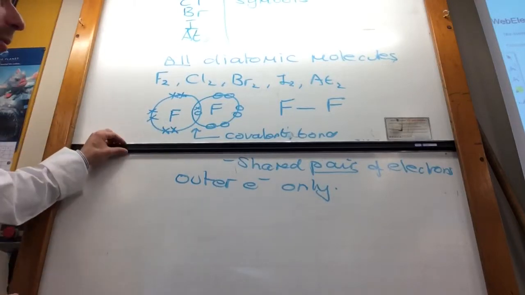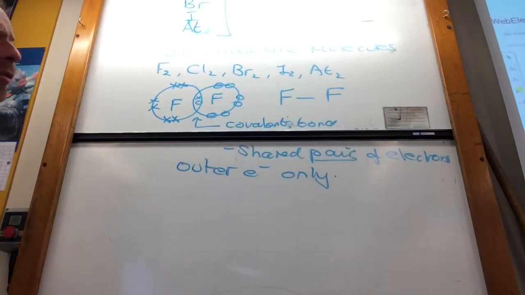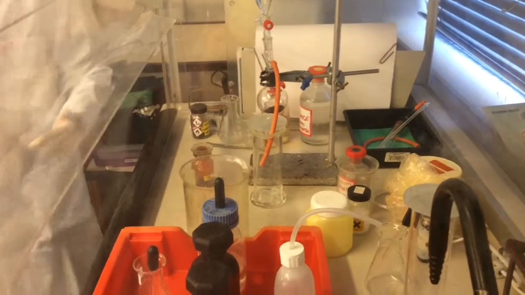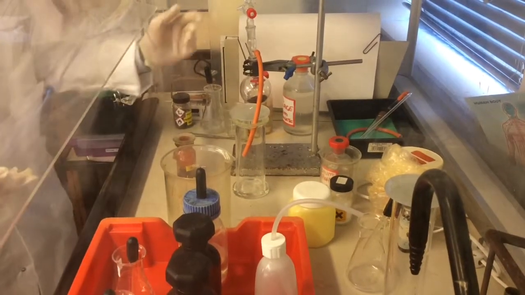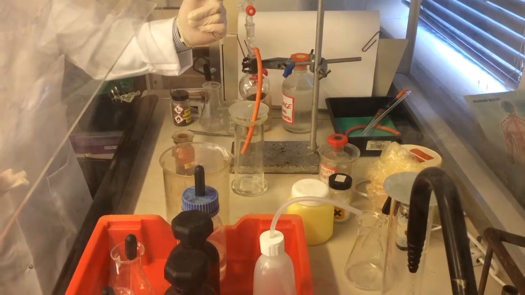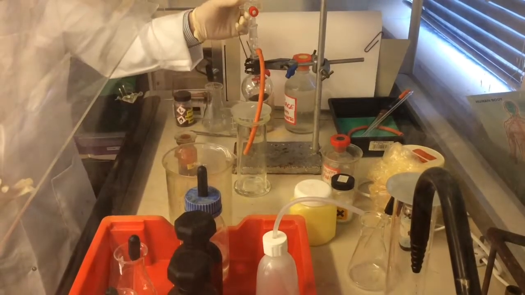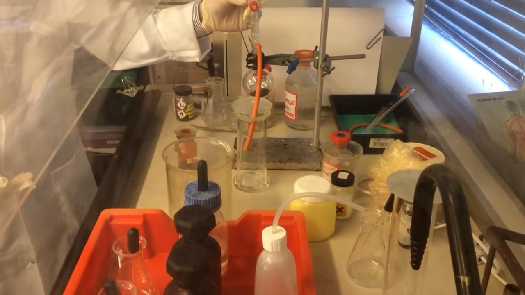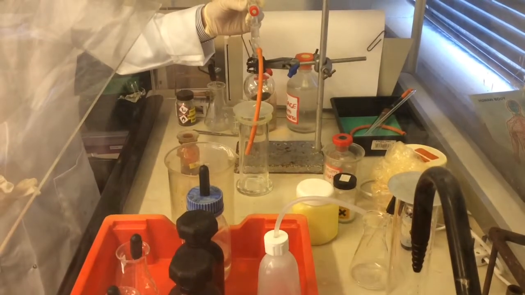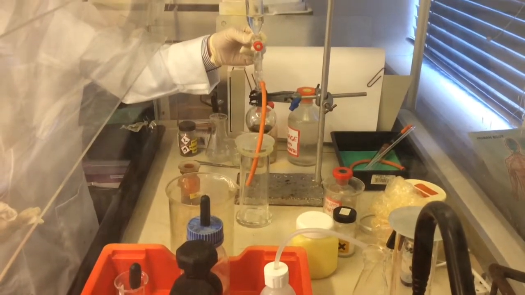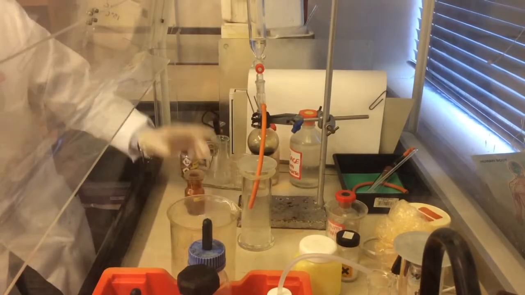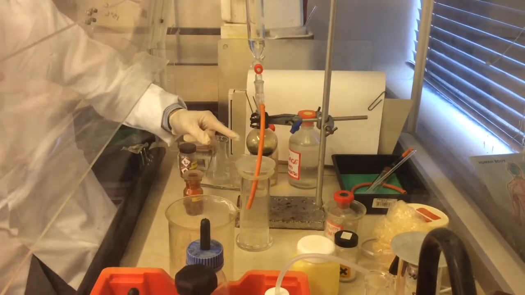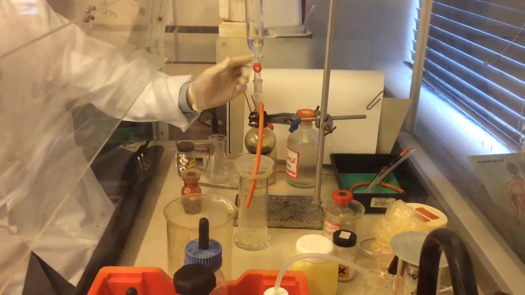Now, their colours we're going to look at, because they're quite colourful molecules. The first thing we're going to do is make some chlorine, because obviously we don't have chlorine knocking around. So I've got some HCl here, and potassium permanganate there, and I'm hoping that as I add it, can you see I've got green gas being produced over there?